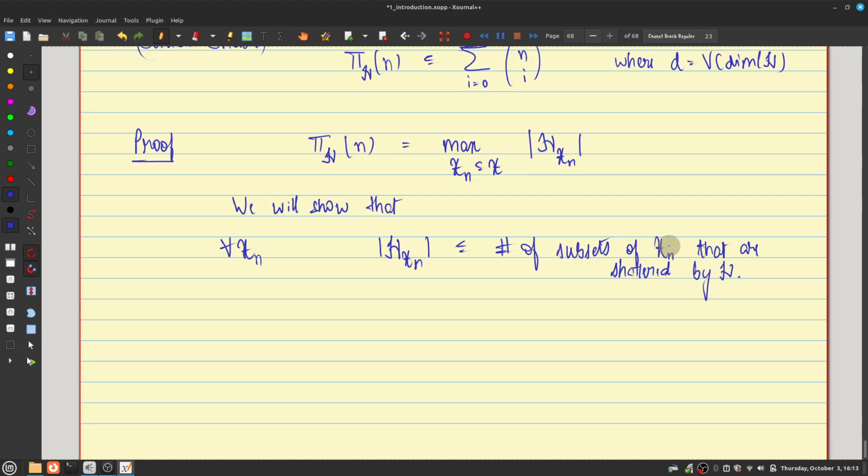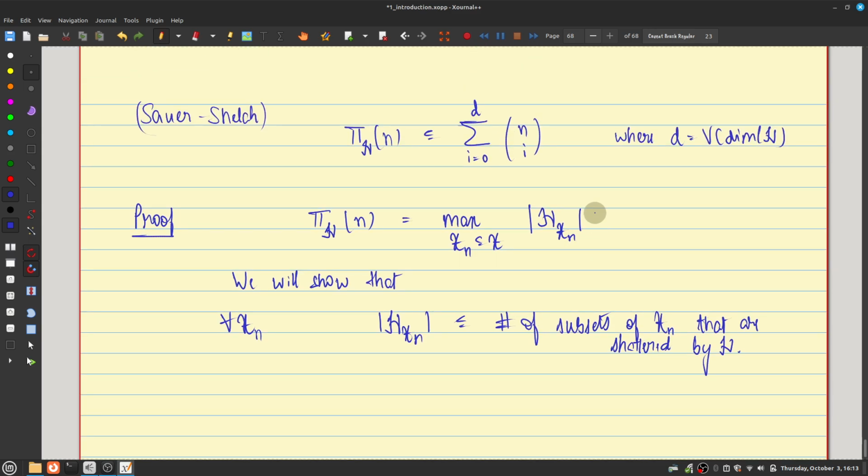Now suppose that X_n is itself shattered by H. Then what is the number of subsets of X_n which are shattered by H? 2 to the power n, and why? All subsets, right? And what does that correspond to?